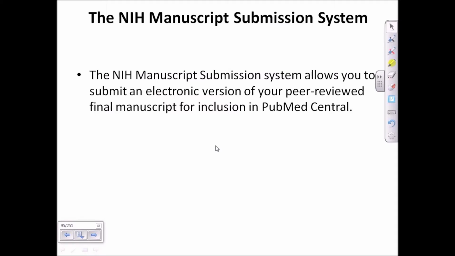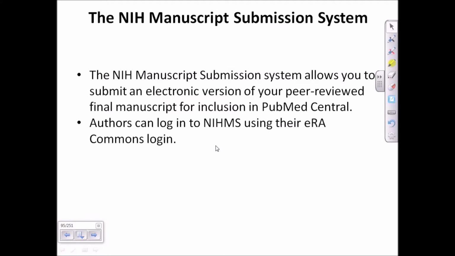So let's talk about this NIH manuscript submission system. This NIH manuscript submission system only applies to method C and D, and it allows you to submit an electronic version of your peer-reviewed final manuscript for inclusion in PubMed Central.